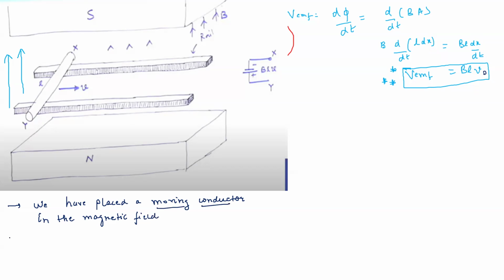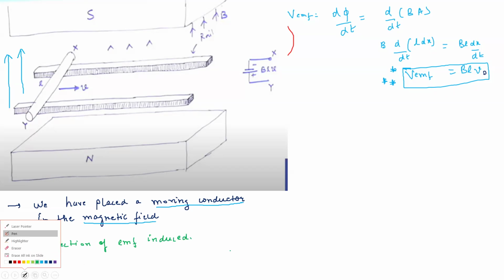We have placed a moving conductor in the magnetic field. So, going back, this is a moving conductor in the magnetic field. We have a moving conductor and we have a magnetic field. So what can we find? We can find the direction of EMF induced.